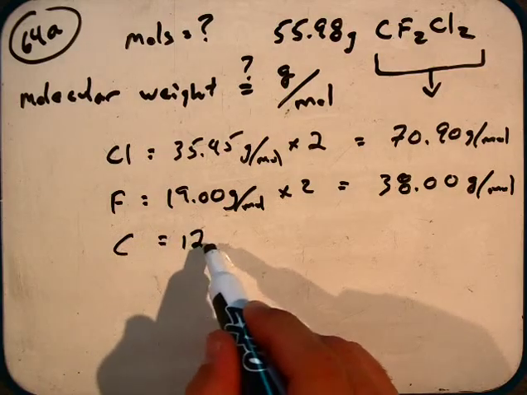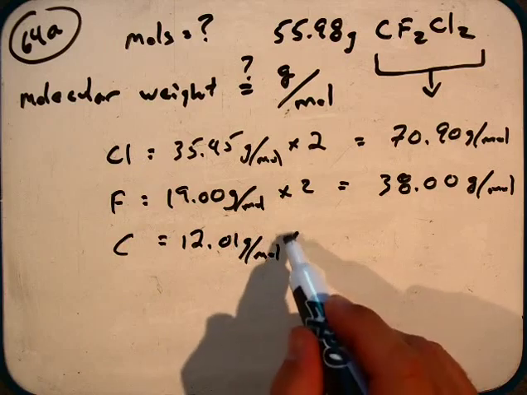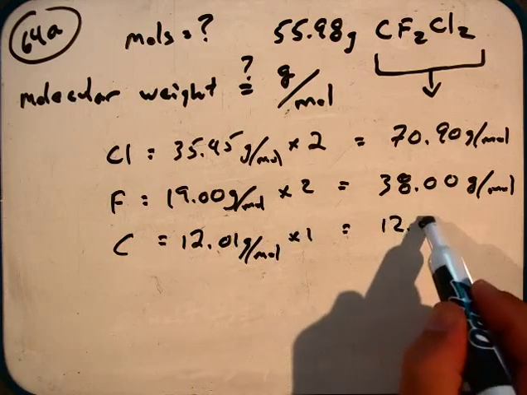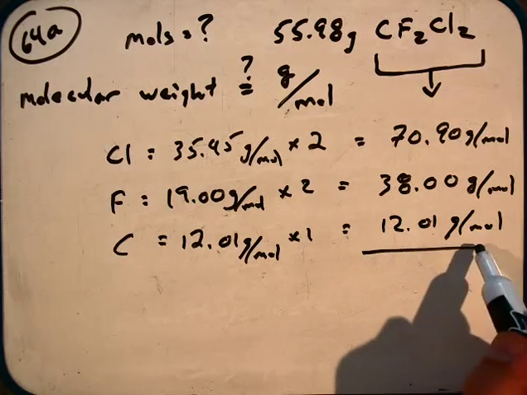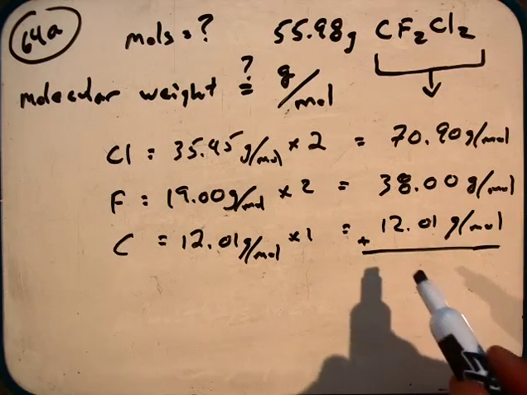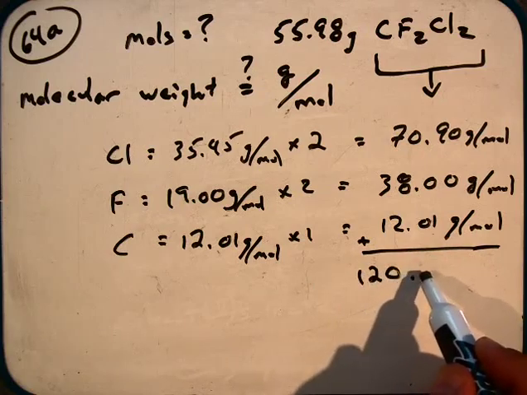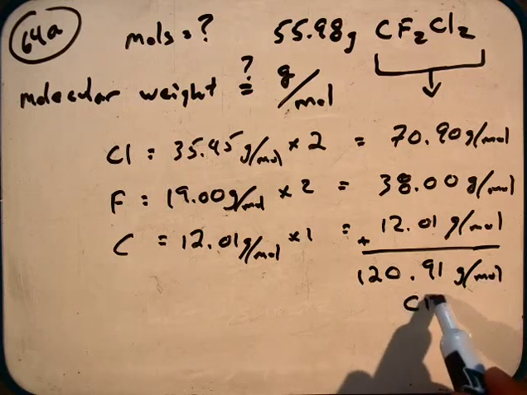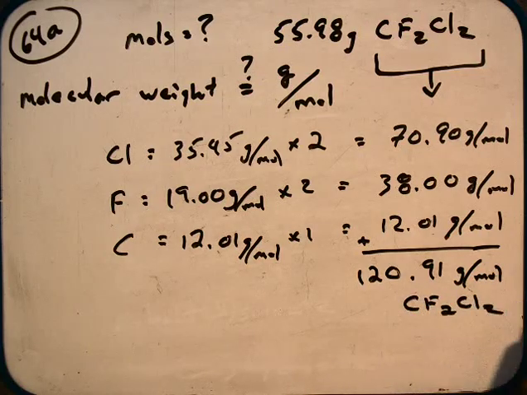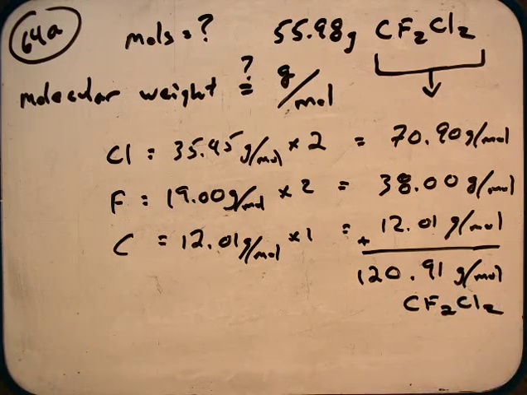Carbon, 12.01 grams per mole. There's only 1, and so that is its contribution to the overall molecular mass. We add all these up, and we get a value of 120.91 grams per mole for the molecular weight of CF2Cl2.